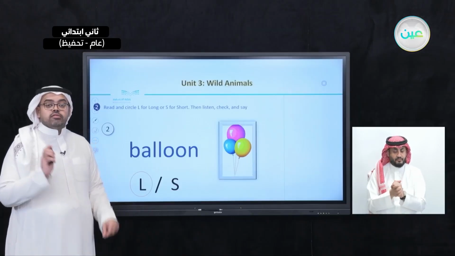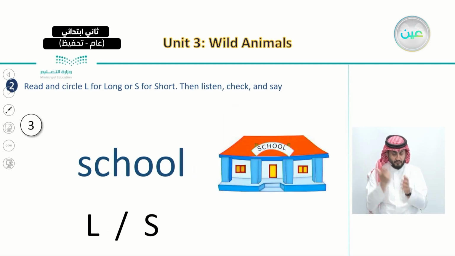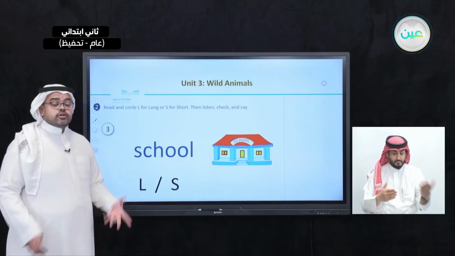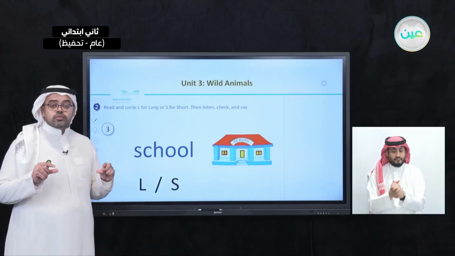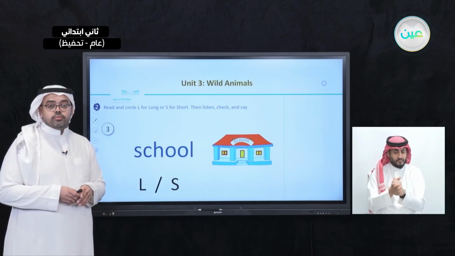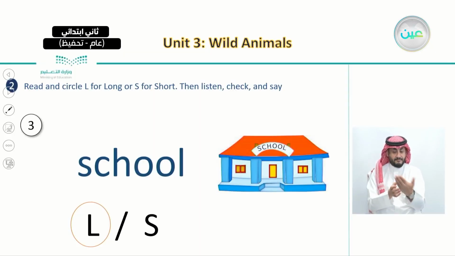Let's listen to the third one. Say with me, school, school. So, school. Does it have the long form of double O's or the short form? It has, of course, the long form, school.